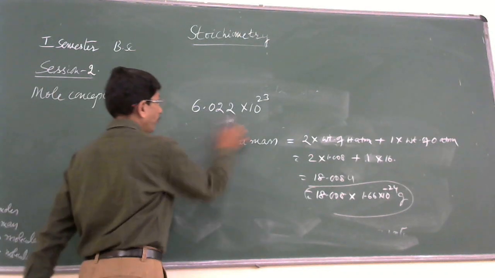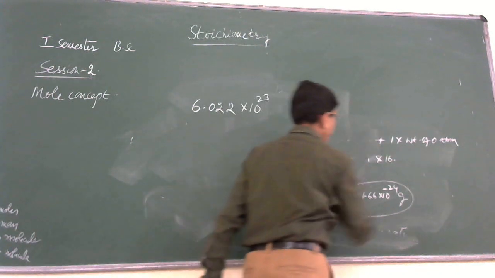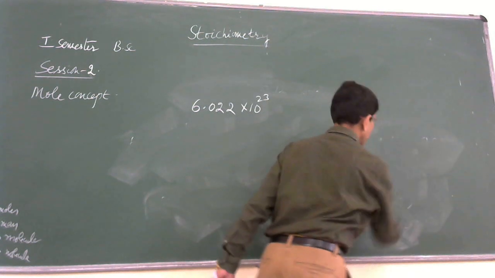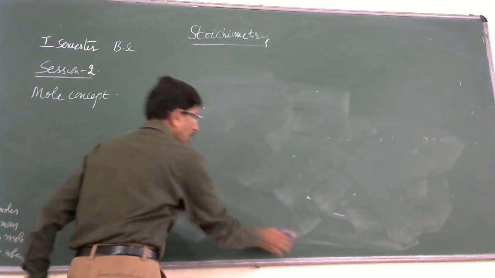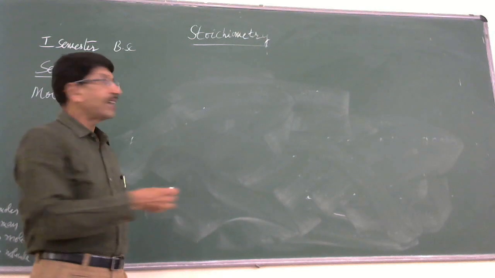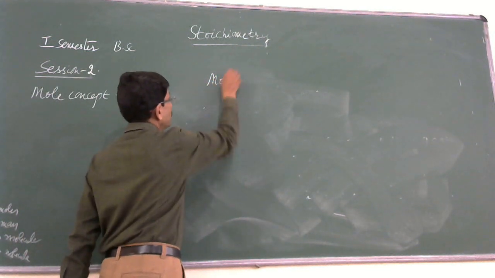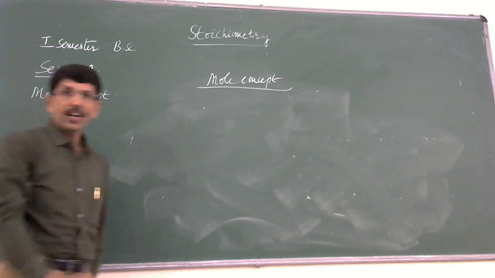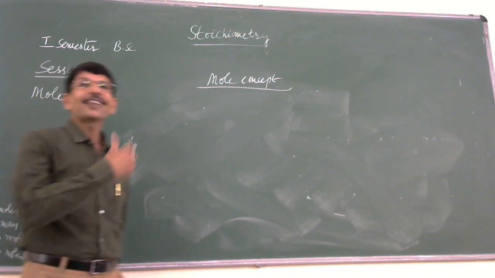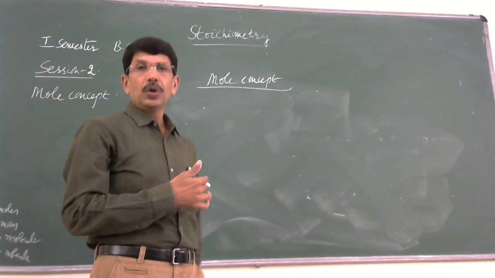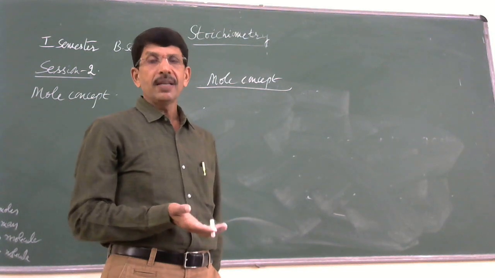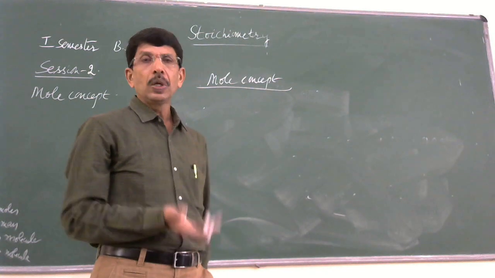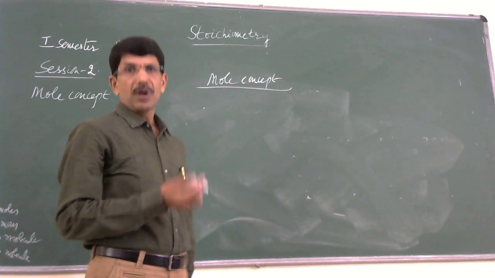So if the concept of mole is clear, now after understanding the concept of mole, let us try to calculate or convert moles to mass, or mass to moles, or moles to number of molecules.